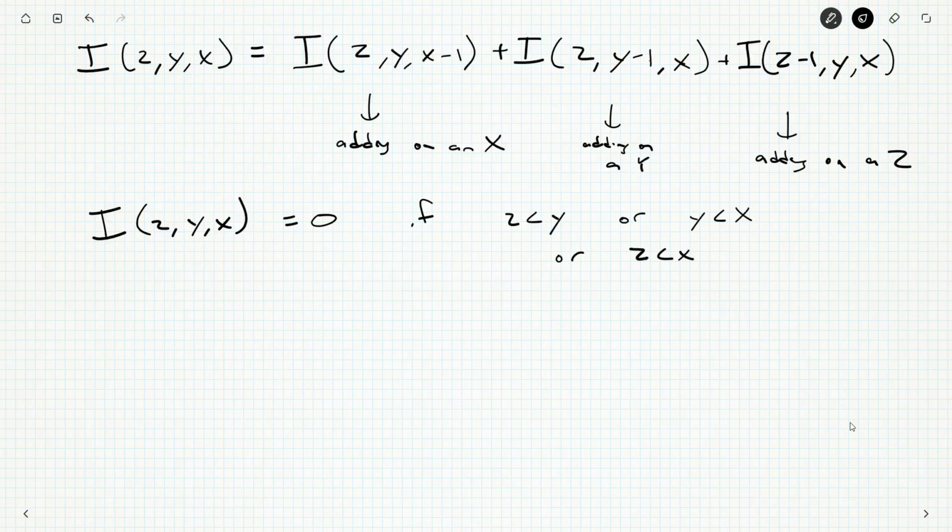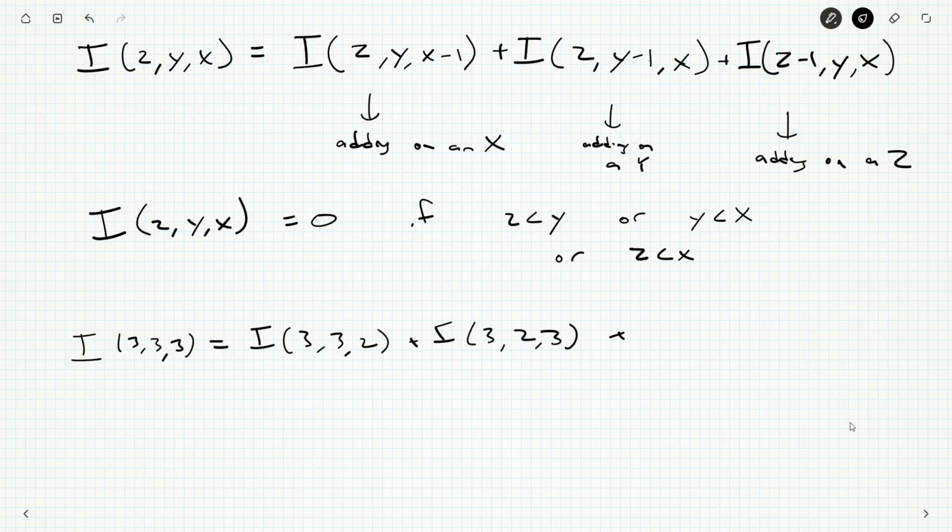Okay. So I want to sort of keep a running tally, but I don't think it's going to be as easy as the binary question that I remember. So I333 is going to be I332 plus I323 plus I233.